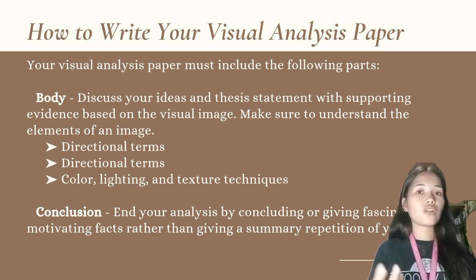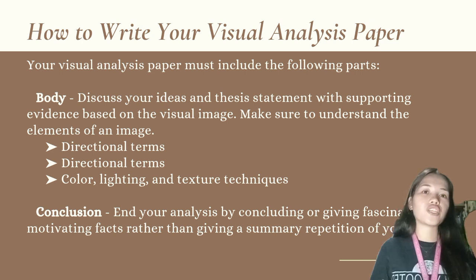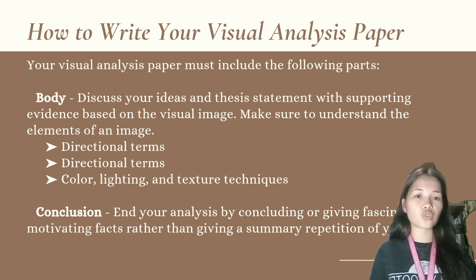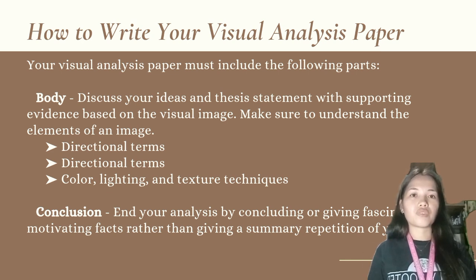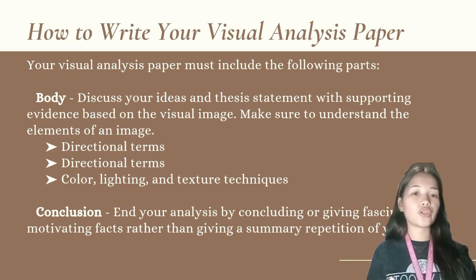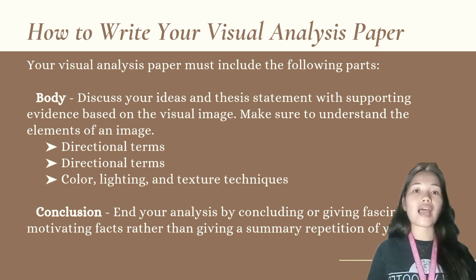For the color, you have to consider the dominant colors, their saturation, hue, and how they are used. Are they warm or cool, bright or muted? Are there symbolic associations with certain colors? How does the use of color evoke emotion, create mood, or highlight certain aspects of the image?